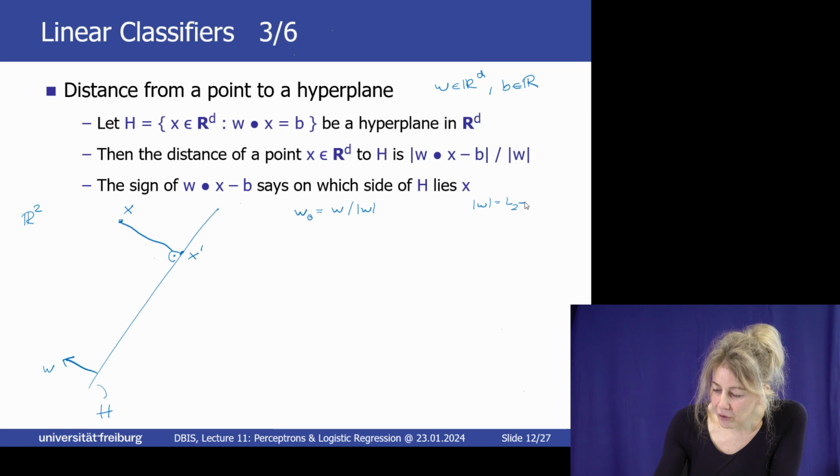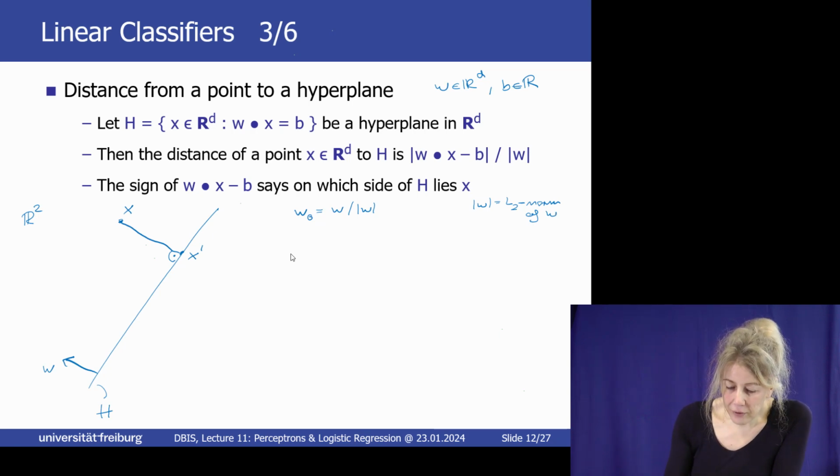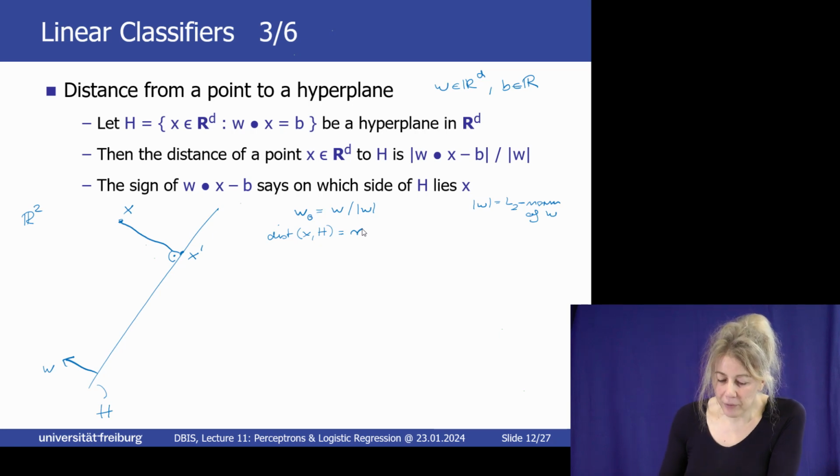The L2 norm, which is the Euclidean length. And then the distance, which is what I'm looking for here, the distance of x to H, let me just name this r.